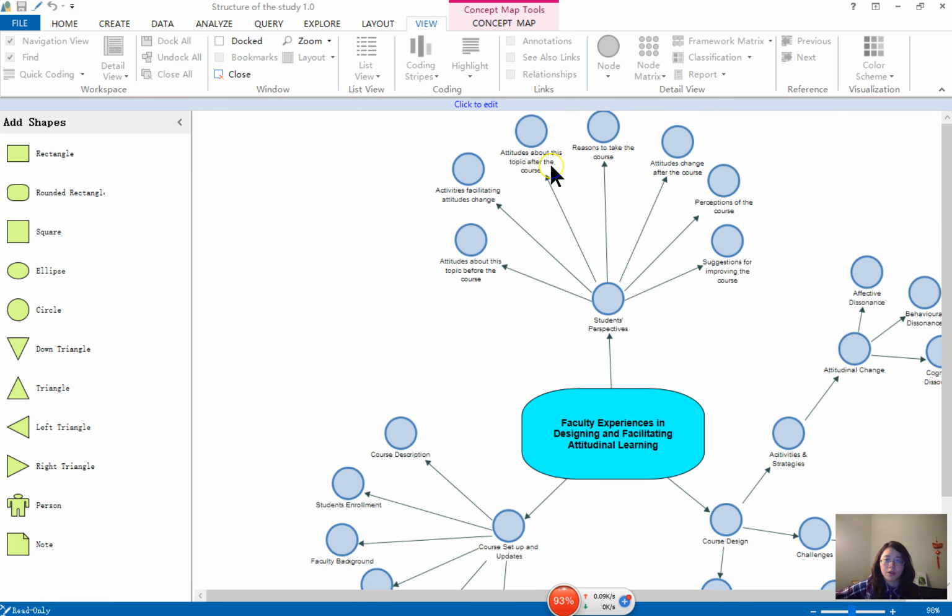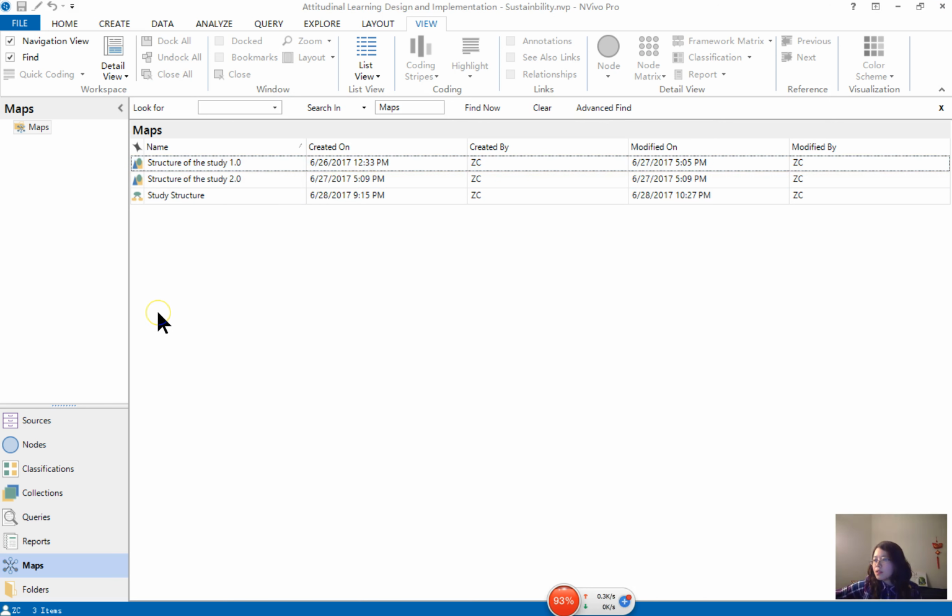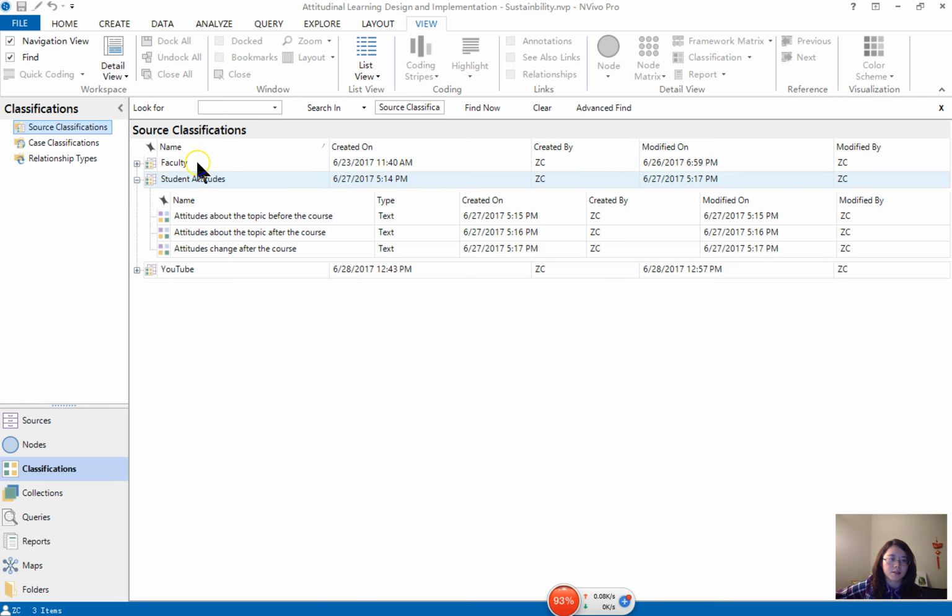Well, I will not go into detail on this one because it would take hours. So next, let's see classifications. So I created some attributes for the two groups, faculty and student, just for possible queries that I can do in the future.